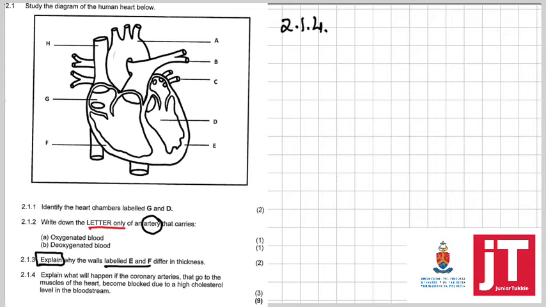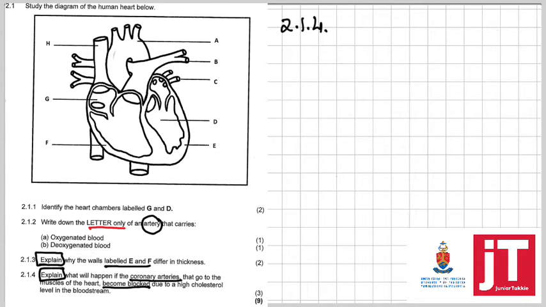2.1.4, explain what will happen if the coronary arteries that go to the muscles of the heart become blocked due to high cholesterol in the bloodstream. Now, if they're coronary arteries, they're carrying blood away from the heart into that systemic circulation, so we're looking at oxygen-rich blood.